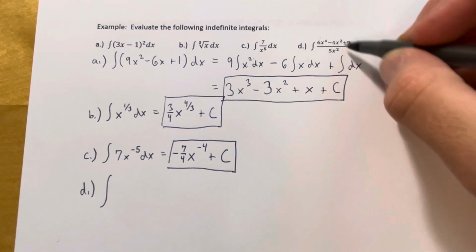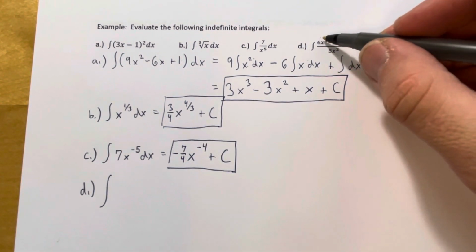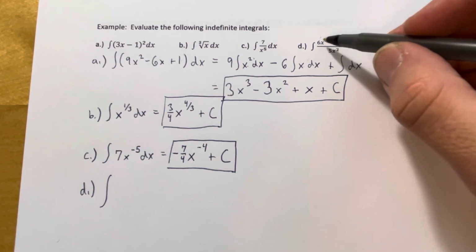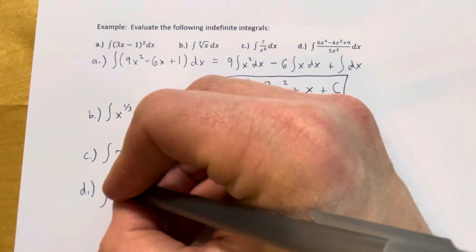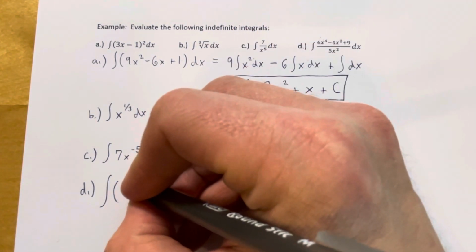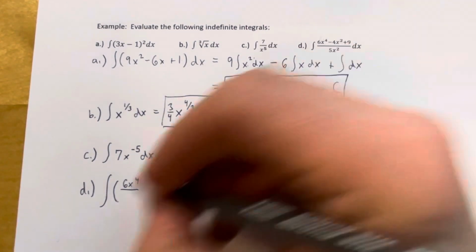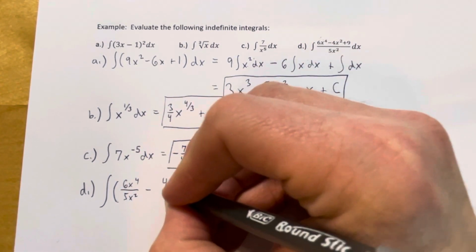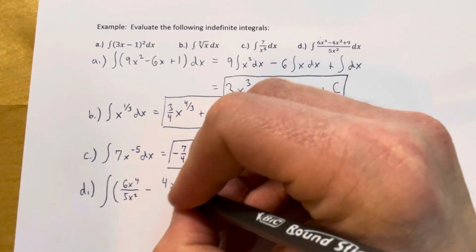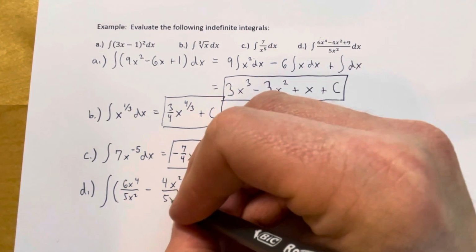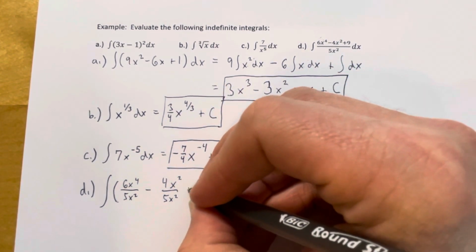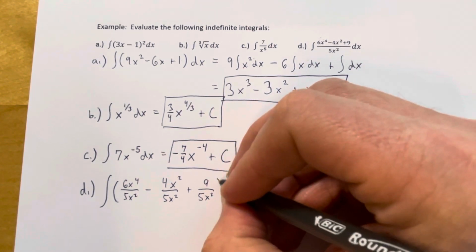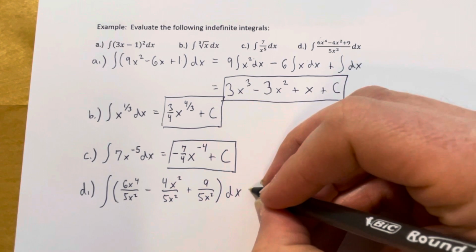Instead, we can simplify it. Because I have a numerator that's made up of 3 terms and a denominator that's made up of 1 term, I can split this up into 3 individual terms. 6x to the 4th over 5x squared minus 4x squared over 5x squared plus 9 over 5x squared dx.